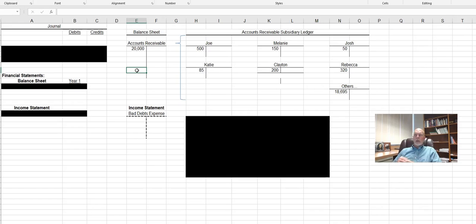When you think about it, just about every account on the ledger that we've talked about has some sort of detail behind it. For example, the computer that I'm working on right now, somewhere on ACU's campus, they know exactly what computer I have and what model it is. They keep up with all of those and what it cost.